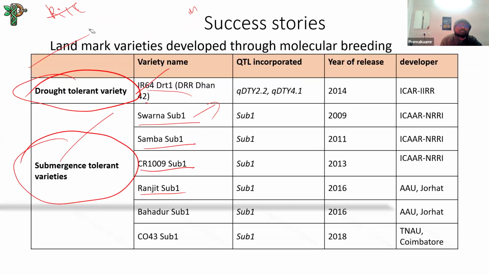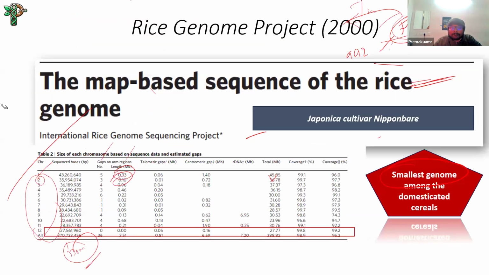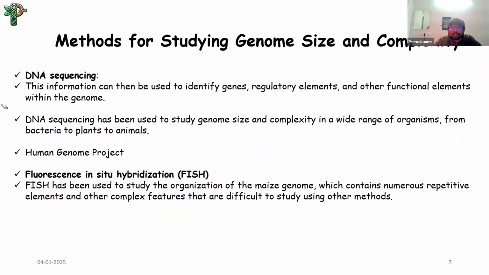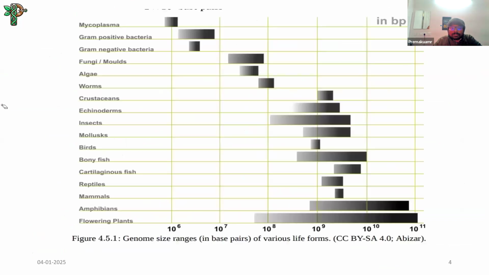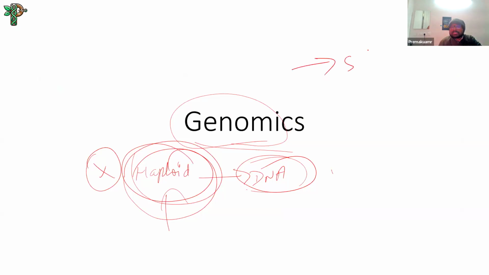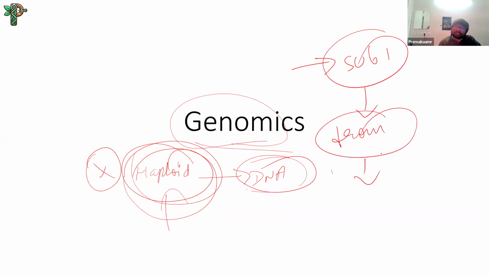From which source was the Sub1 gene identified? I told in the class just now. FR13A, yes, exactly.